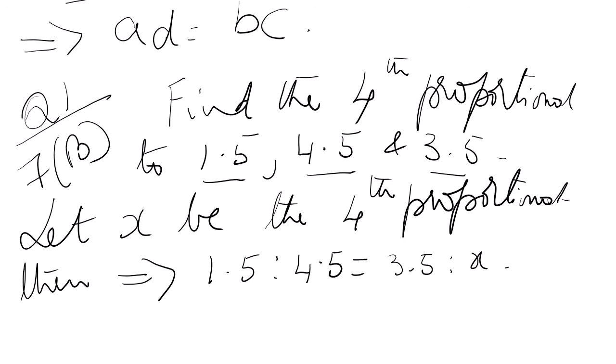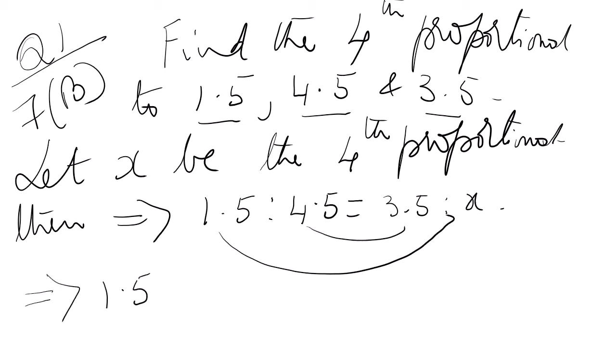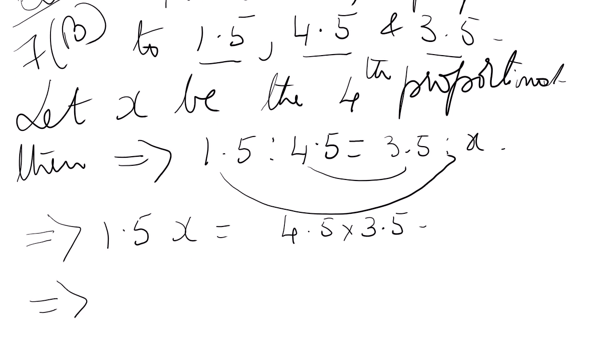Now according to our rule, the product of the extremities is equal to the product of the middle ones. So it implies 1.5x is equal to 4.5 into 3.5. Therefore x is equal to 4.5 into 3.5 upon 1.5.